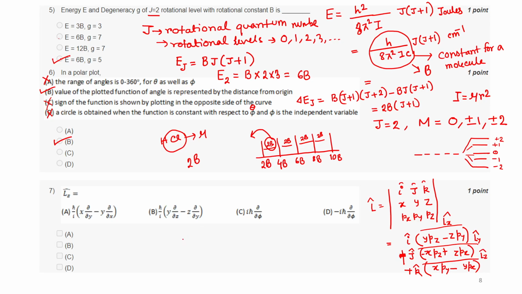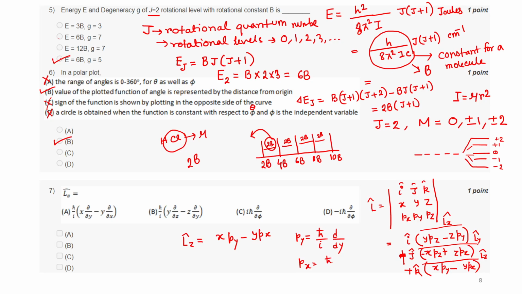So from here we can see Lz is x Py minus y Px, right? We know what Py is. Py is h cross by i d by dy. What is Px?